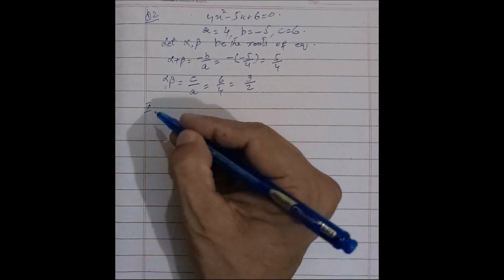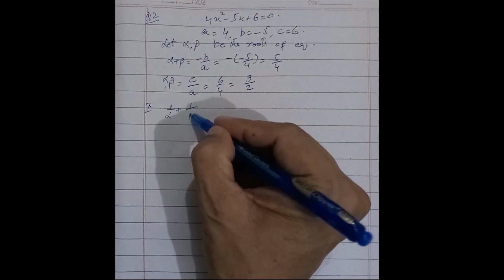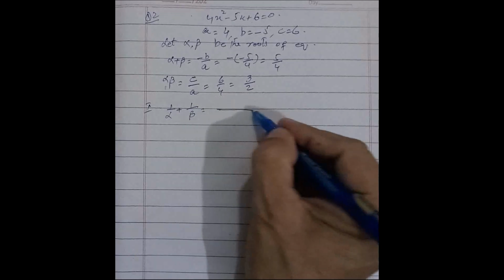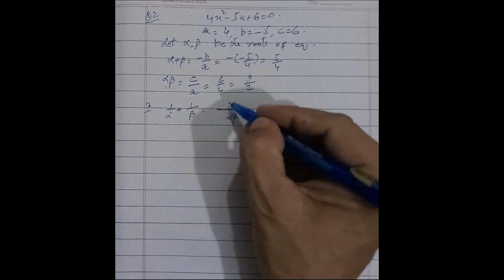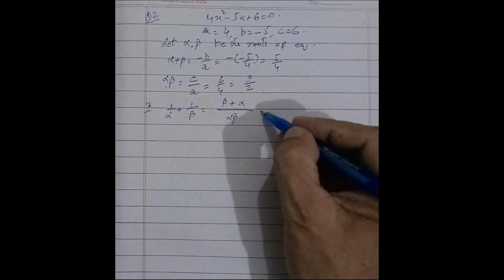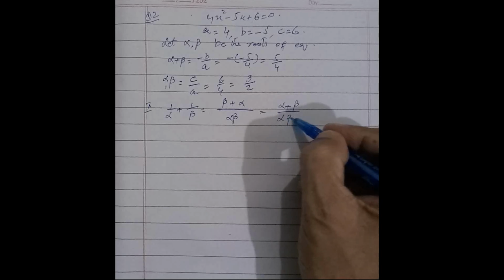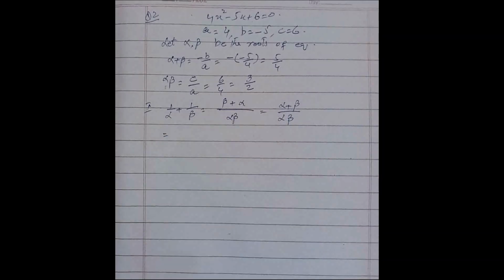The first part is 1 over alpha plus 1 over beta. Take LCM alpha beta as a denominator, beta plus alpha, and we write it alpha plus beta over alpha beta. Now we put the values of alpha plus beta and alpha beta.